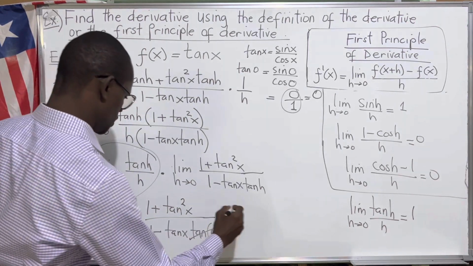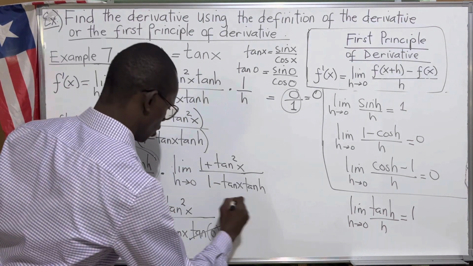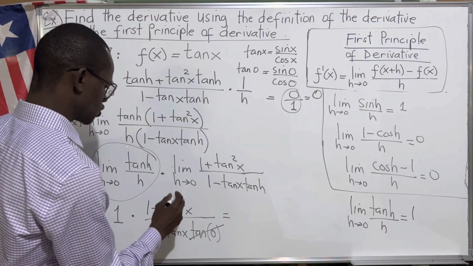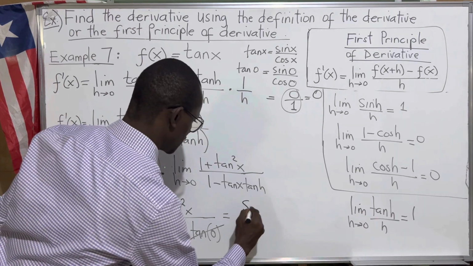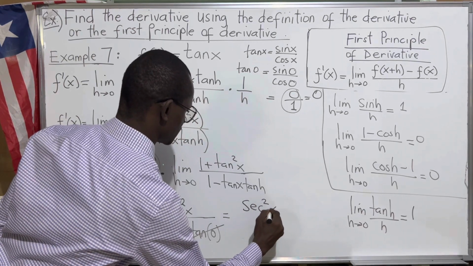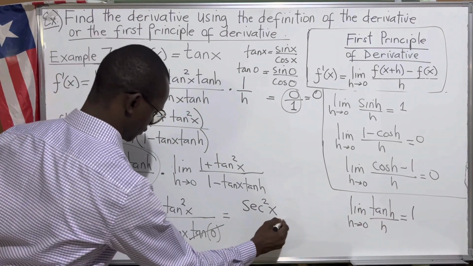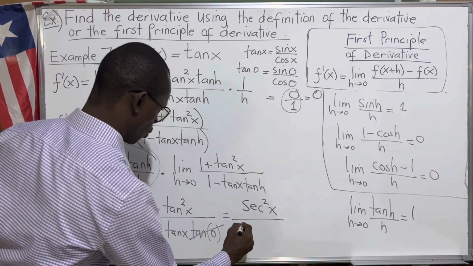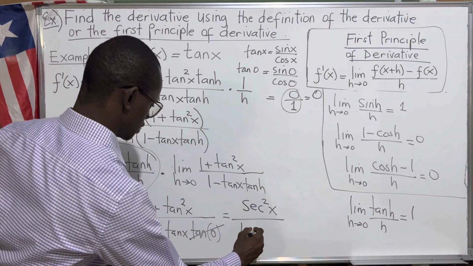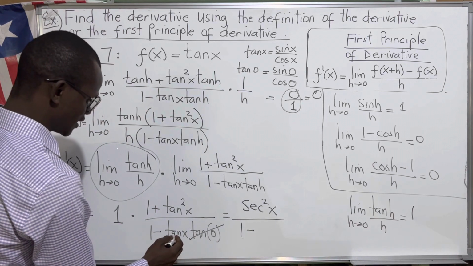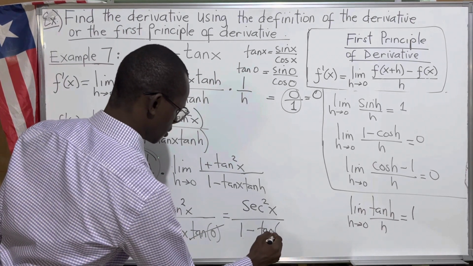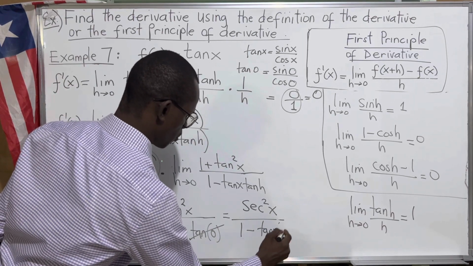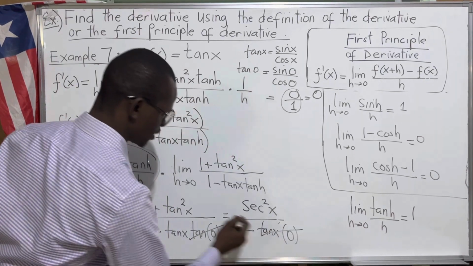So this will be 1 times 1 plus tangent square x, which is equal to secant square x according to the Pythagorean identity, all divided by 1 minus tangent of x multiplied by 0, and the whole thing cancels.